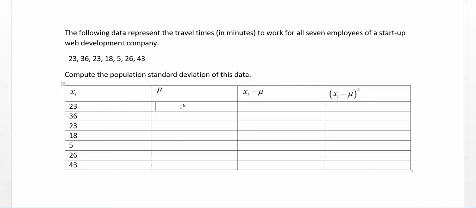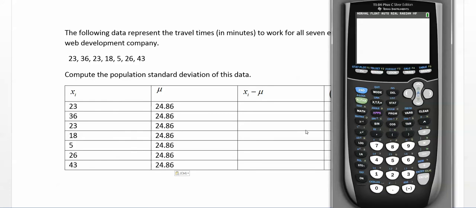I'm going to go into my chart and type in that number. I'm trying to set this up so you can see what happens each step of the way. Now I want to subtract these two things. I can do that by hand, but the calculator will help us do some of these calculations.